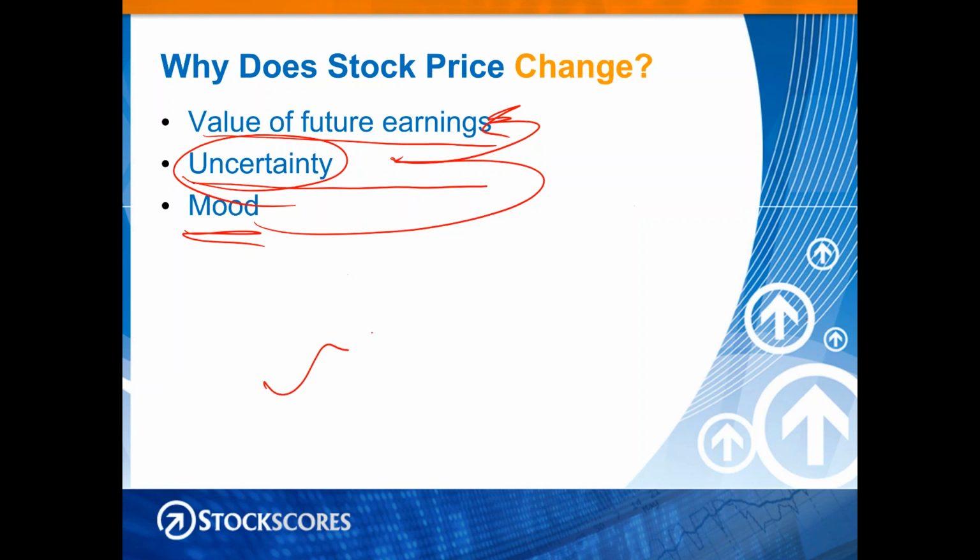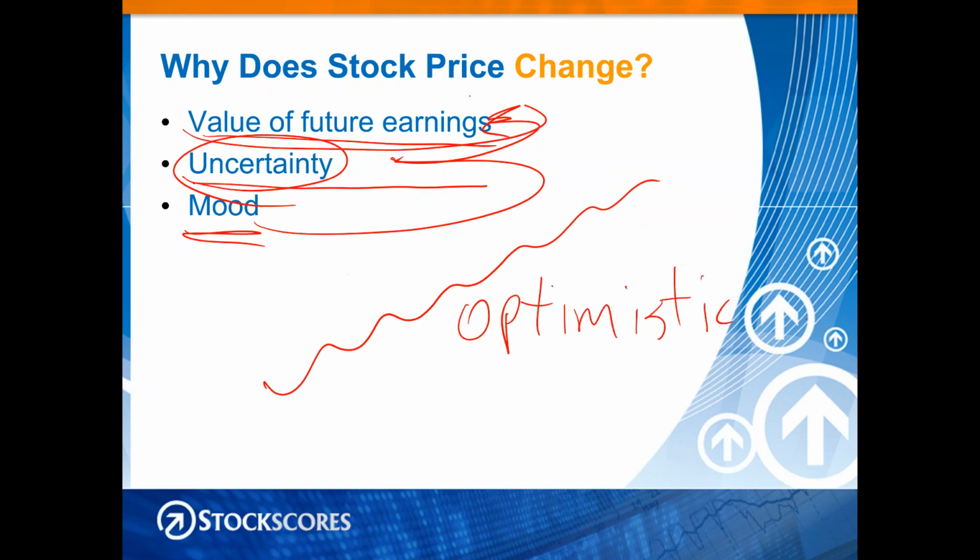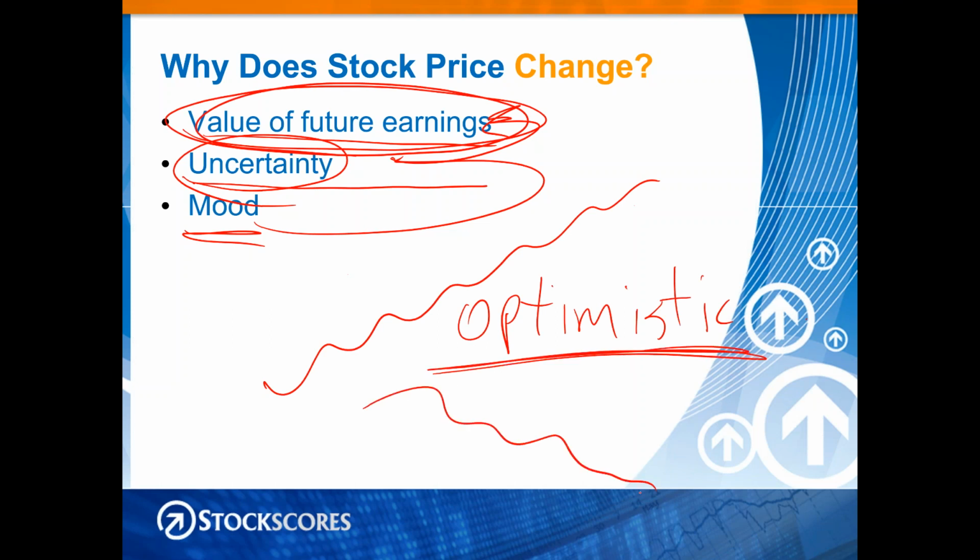If the market is in an upward trend and investors are feeling optimistic, then they are more likely to put a higher valuation on the value of future earnings because they are optimistic. When stocks are in a downward trend, we have fear, we have pessimism, and that causes us to want to pay a lower price for a company.